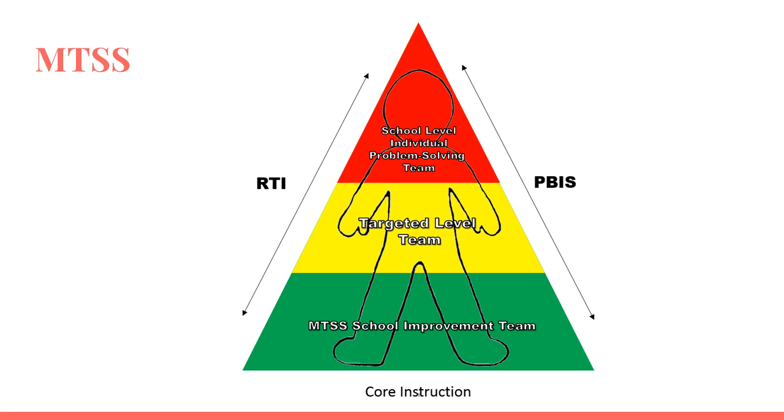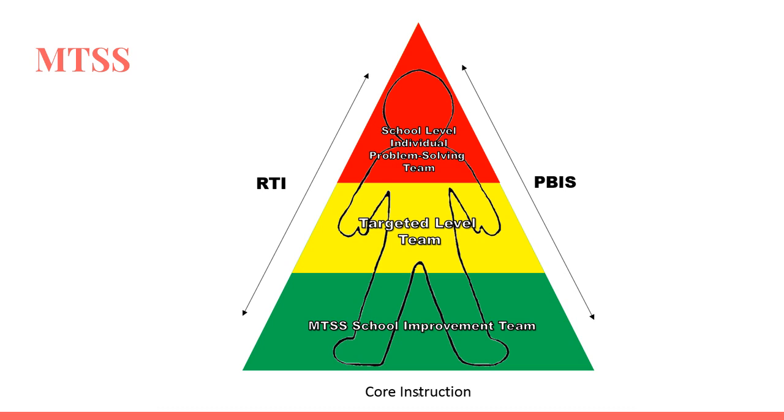Then still within that yellow group, you're going to have a few that continue to struggle even with those middle level interventions. They need more intense help, and so they're in an even smaller group and receive even more intense intervention to help with math skills, reading skills, or working on behaviors.